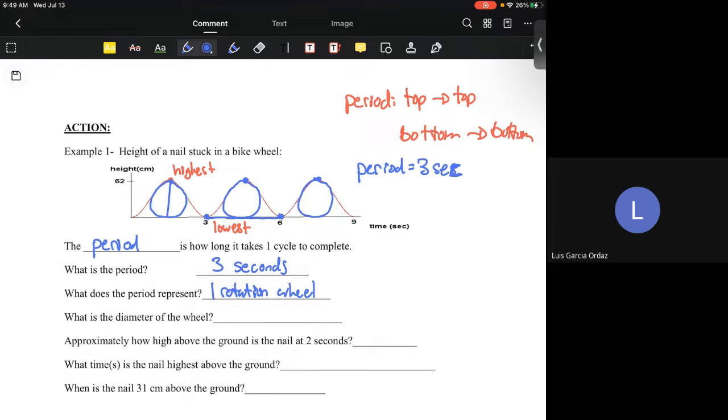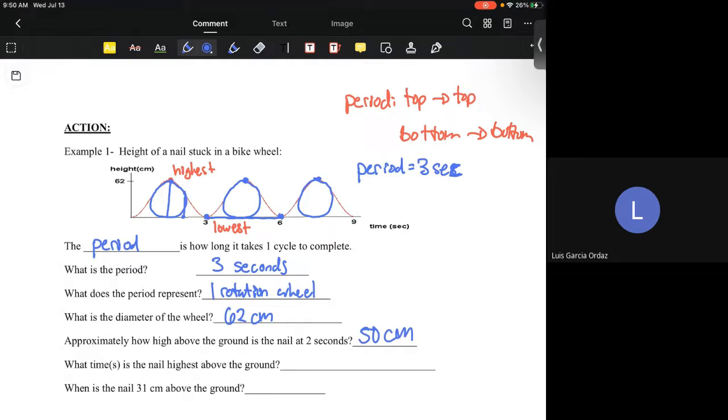So my diameter here is going to be 62 centimeters. Okay, it's asking us approximately how high above the ground is the nail at 2 seconds. So at 2 seconds, we're around over here. So we can safely assume it's around 50 centimeters.